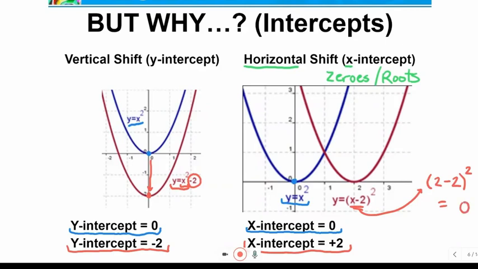So when we have a shift of 2 to the right, which is negative, our actual intercept becomes positive. That's the reasoning behind why this happens for the horizontal shifts and why it's such a big difference with the vertical shift.